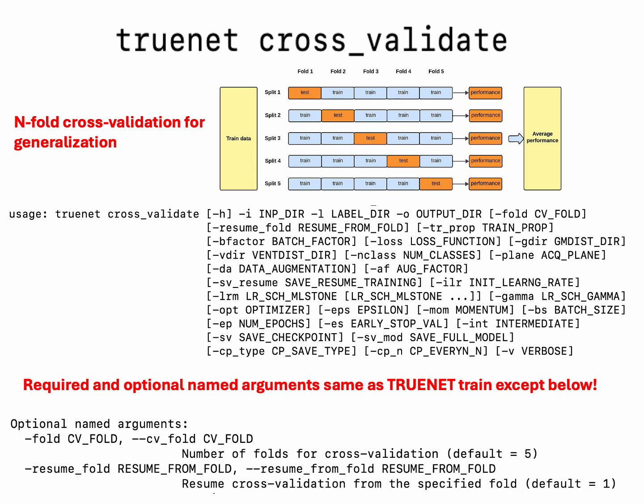If you run this with the resume fold option, the default option is 1, which means you can resume. When you resume training, it will not run the first 3 folds, it will only run the last 2 folds. Okay, so this also saves time and resources.